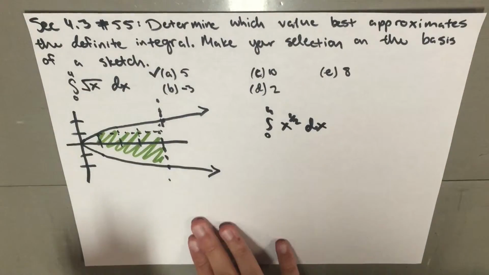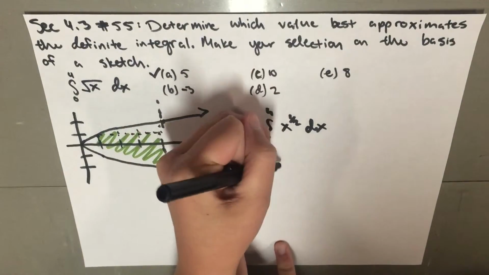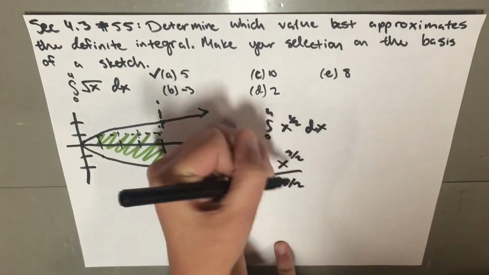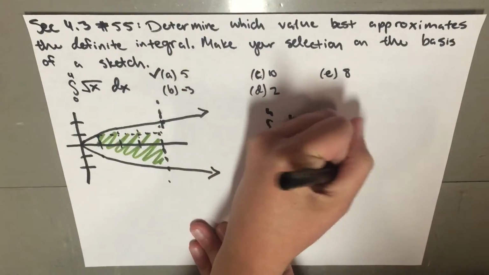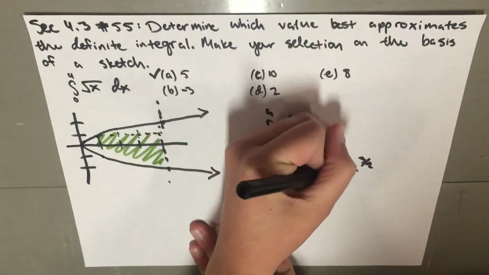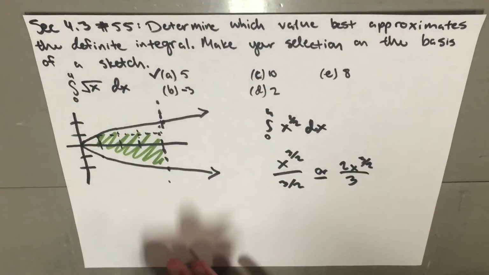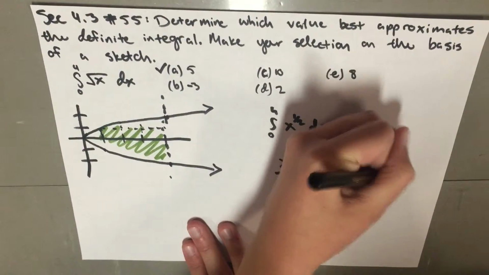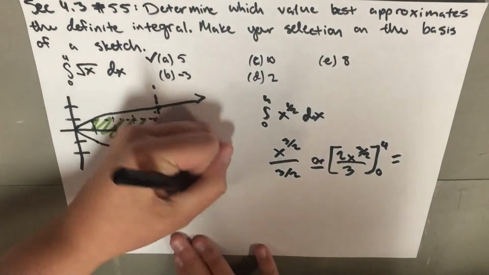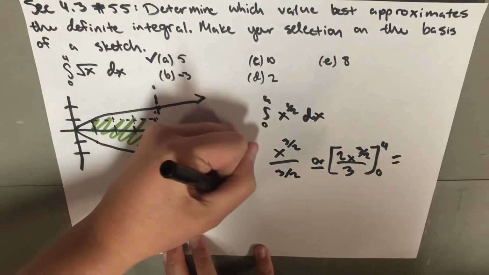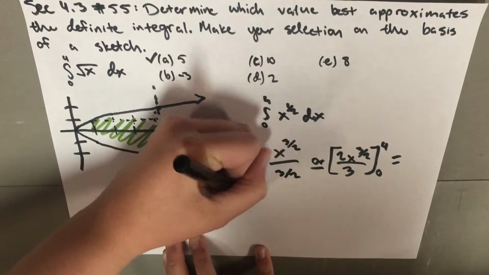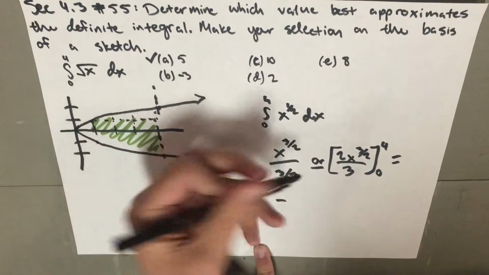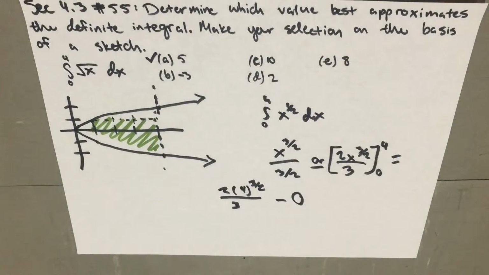And so to integrate that, we add 1 to the exponent, so x to the 3/2 divided by 3/2, or x to the 3/2 times 2/3 from 0 to 4, and that will equal 2 times 4 to the 3/2 divided by 3 minus, when you plug in 0, you'll just get 0, so minus 0.